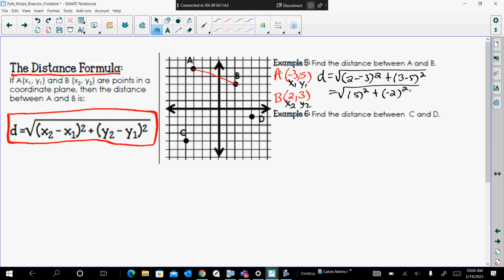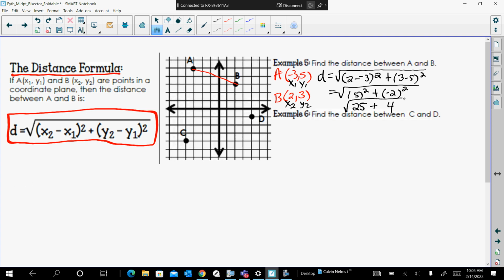Because every time you square a number, I don't care if it's an integer or a decimal, it's always going to turn out to be a positive answer. So I know we have a -2 here, but when you square it, that is a +4. 5 squared is 25.